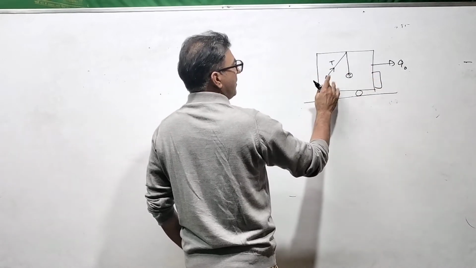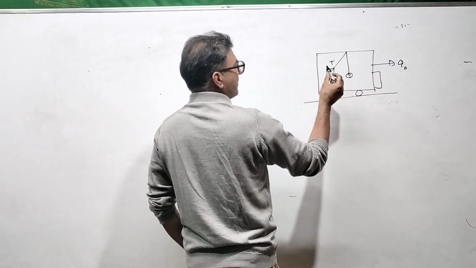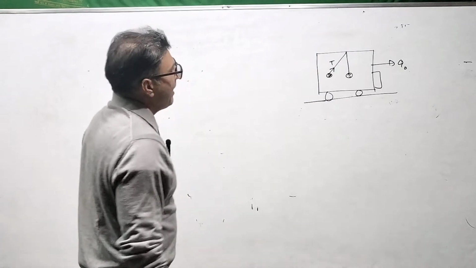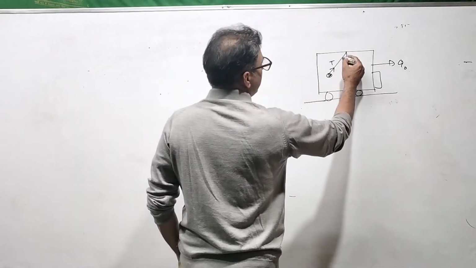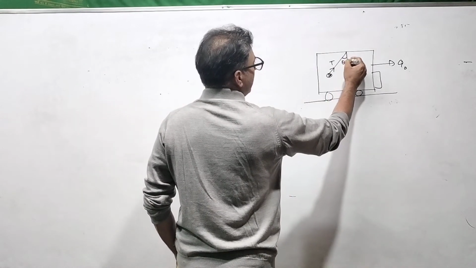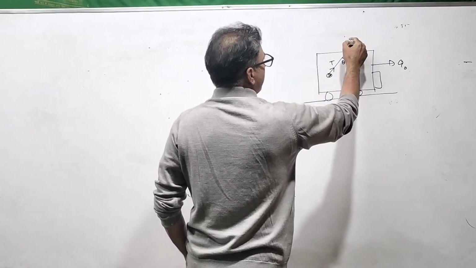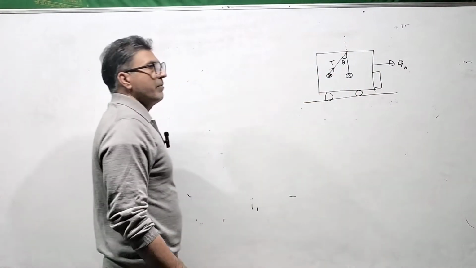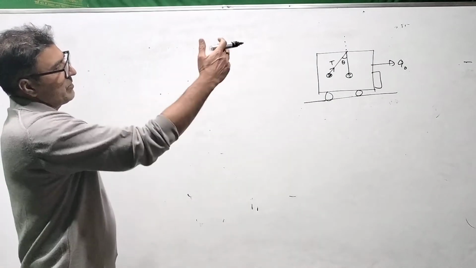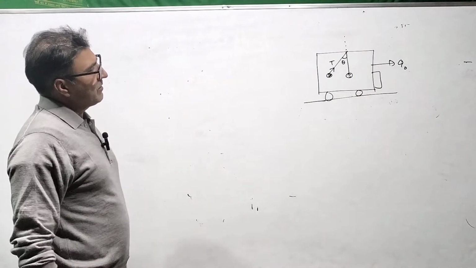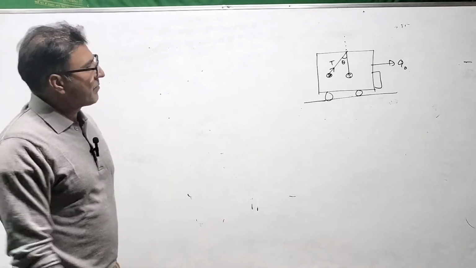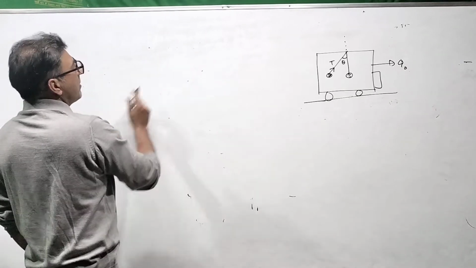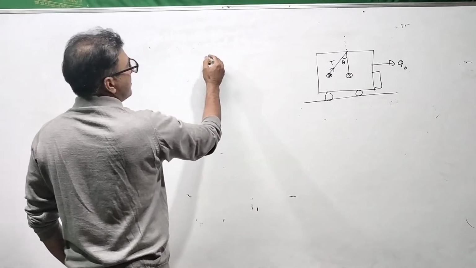Therefore the bob will move in the backward direction, and this will create an angle theta with the vertical line. We have to find how much theta there will be when the car accelerates in the forward direction.